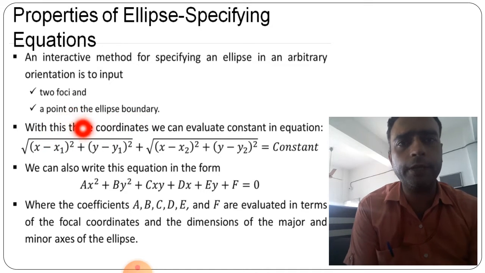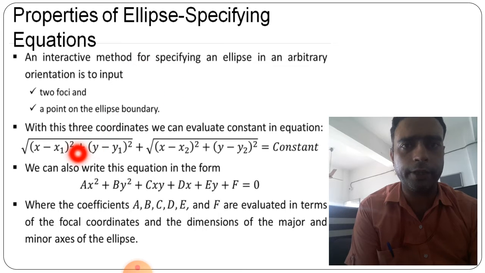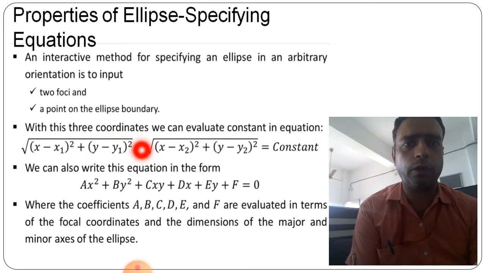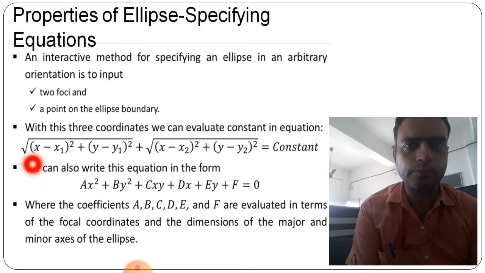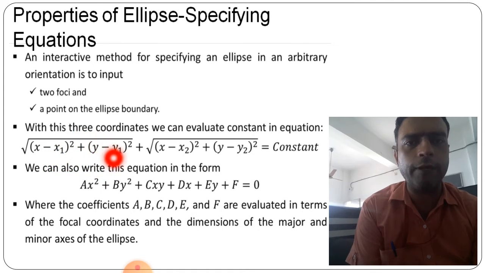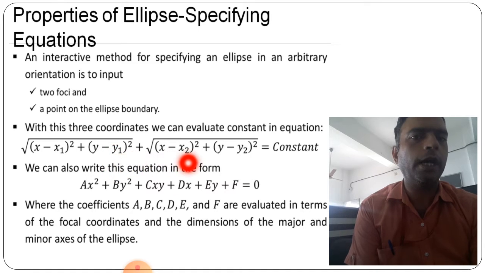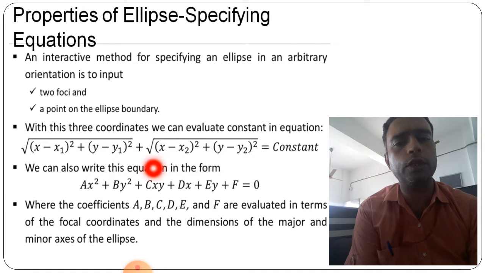So three things we are saying here, that is the interactive method. With these three coordinates we can evaluate the constant in the equation like this, as we have already seen. x and y are the point on the ellipse boundary, x1 and y1 are for focus 1, and x2 and y2 are for focus 2.